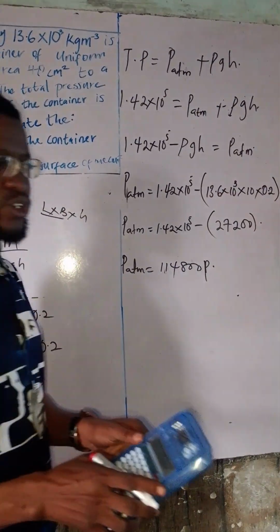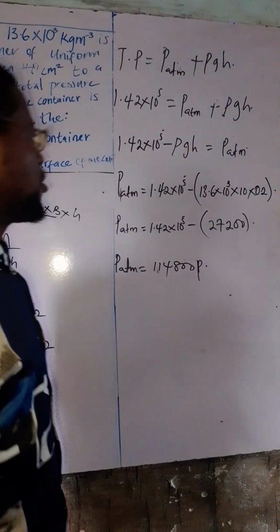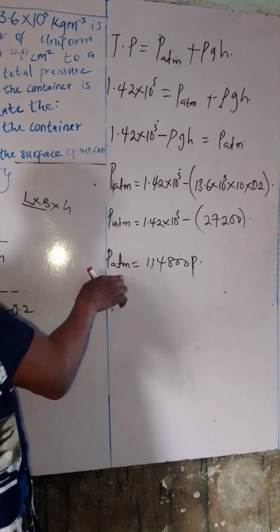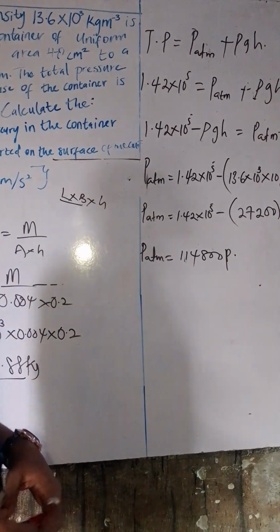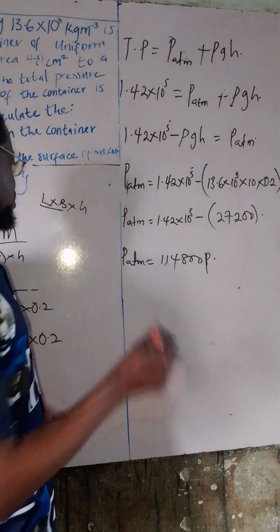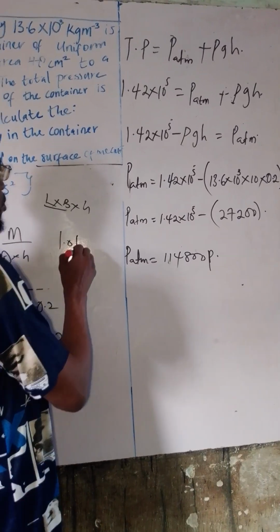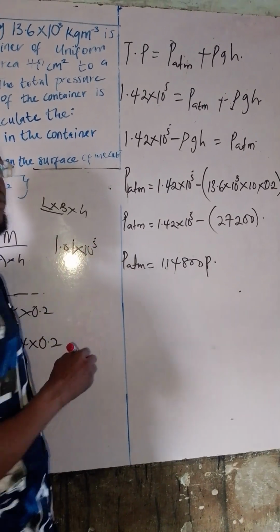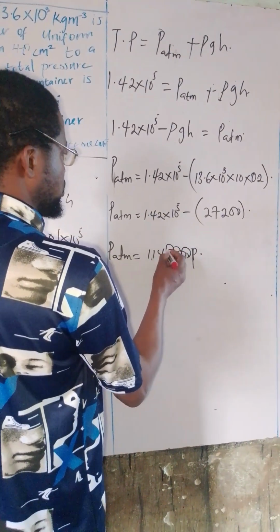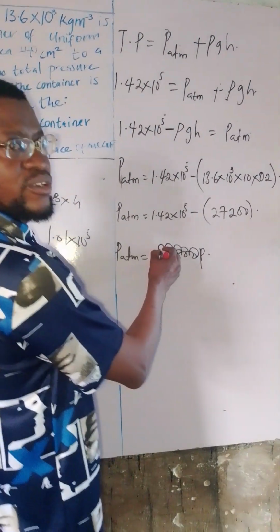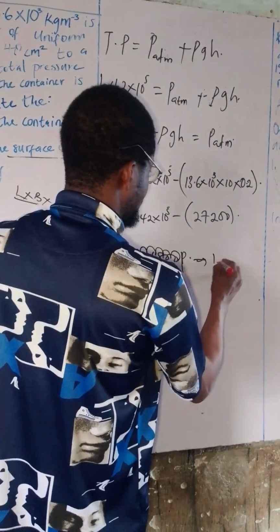So don't forget I told you that normal atmospheric pressure that this man called Pascal gave us is a constant number, and the number is 1.01 times 10 raised to the power 5. Now if you move this as well, let's say 1, 2, 3, 4, 5, that is it.